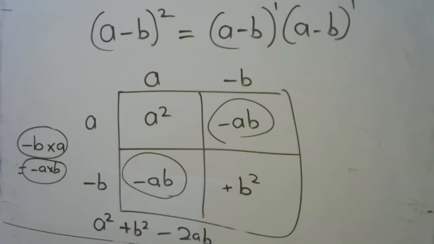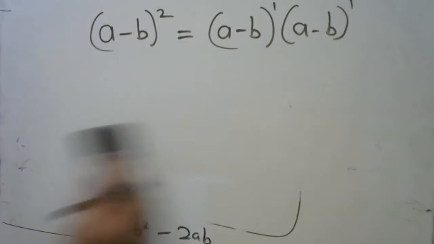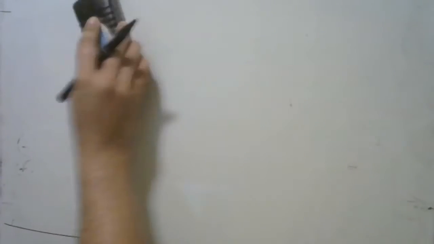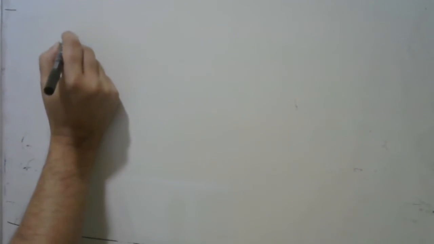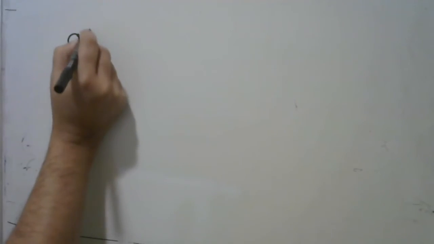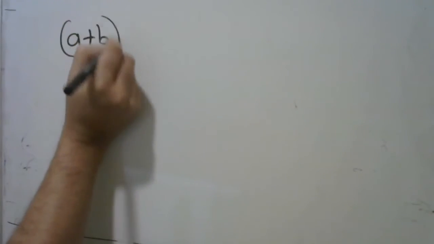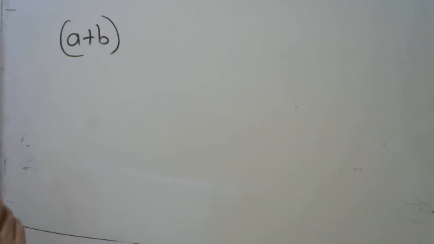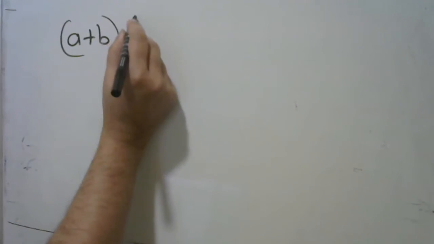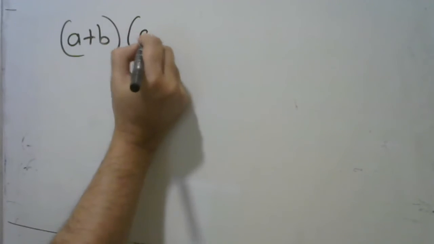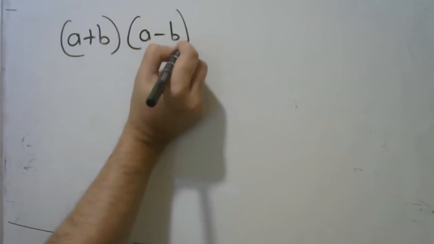So we looked at A plus B all squared, and now we looked at A minus B all squared. Now, what about this scenario? A plus B. This is deviating a little from indices and looking at a scenario like A plus B times A minus B. What will this be?